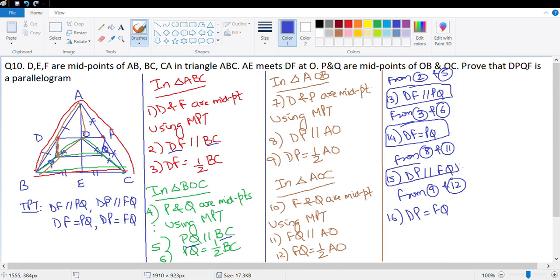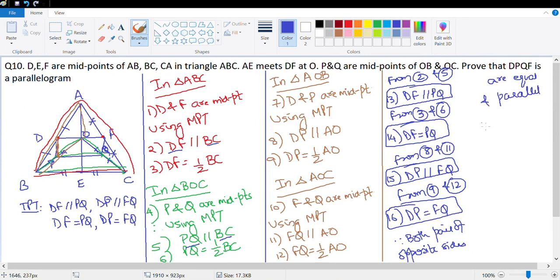So we've got both pairs of opposite sides are equal and parallel. Since both pairs of opposite sides are equal and parallel, therefore, DPQF is a parallelogram. Perfect. That finishes this question for us.